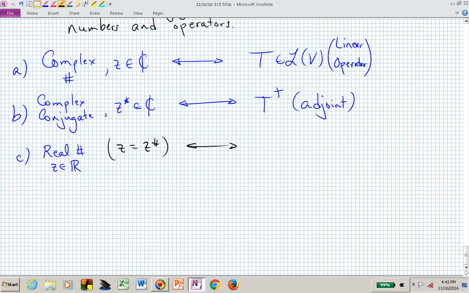It's the equality between the complex number and its conjugate. What's that do to our maps? If we have T equal to T dagger, what's that tell us about T? It's self-adjoint, isn't it? So now we know that T is equal to T dagger, or now in this analogy, our maps are self-adjoint.